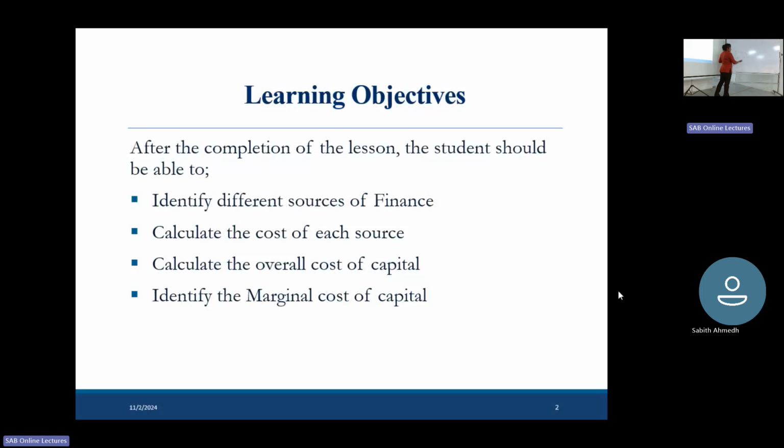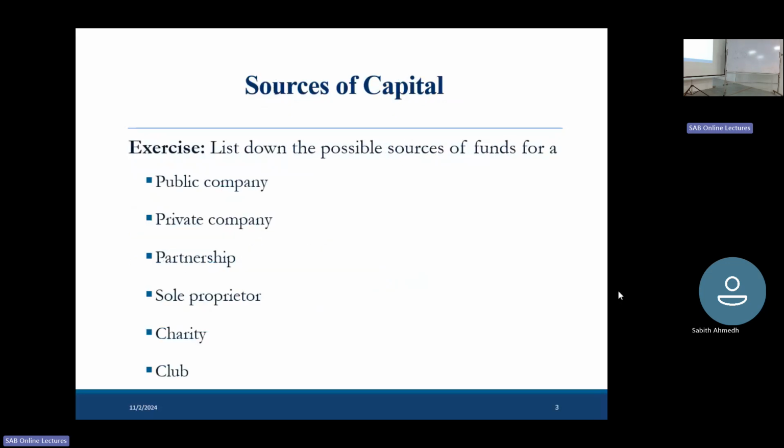So the marginal cost of capital is the cost of raising an additional rupee. Finally you will learn how to estimate the marginal cost of capital, because it is very important in capital budgeting, in investment evaluation. Our next lecture. So these are the learning objectives you will learn by the end.